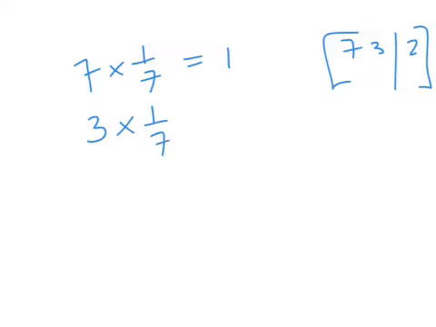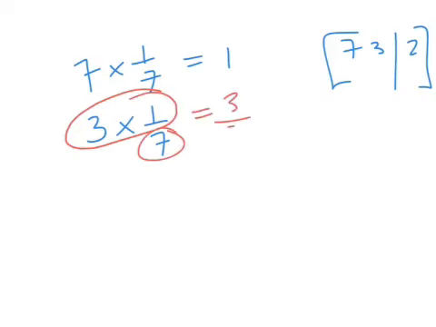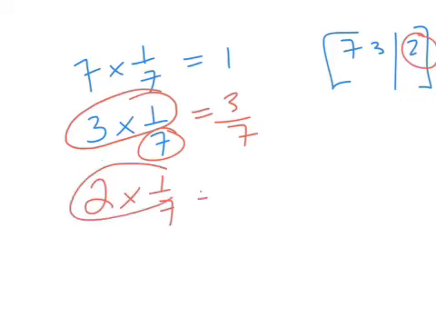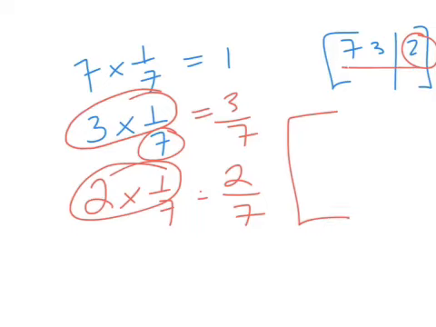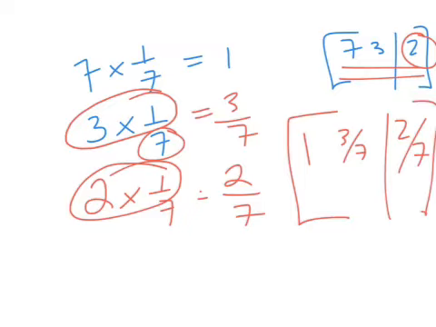Again, this is a whole number times a fraction. So you do the numbers on the top, 3 times 1 is 3, and the number on the bottom stays the same. And then the next number is 2 times 1 over 7, 2 times 1 is the top, and the number on the bottom stays the same. So if you multiplied this whole matrix by 1/7, you would then get 1, 3 over 7, and 2 over 7. Okay.